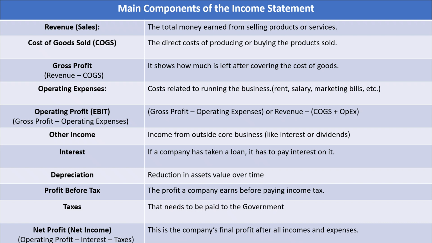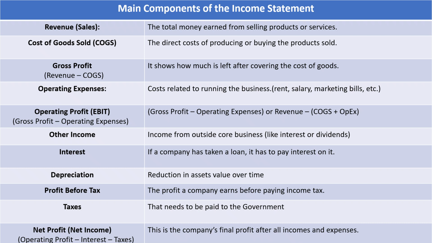So let's move on to the main components of the income statement. As you can see, we have revenue or sales. This is the total money earned from selling products or services. Then we have cost of goods sold, also known as COGS. This is the direct costs of producing or buying the products sold.